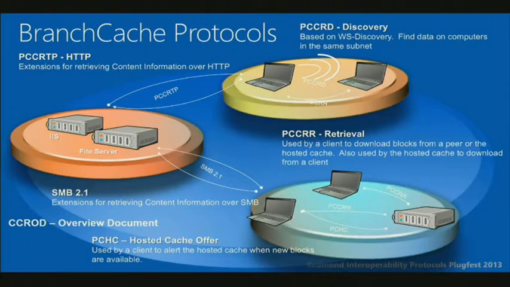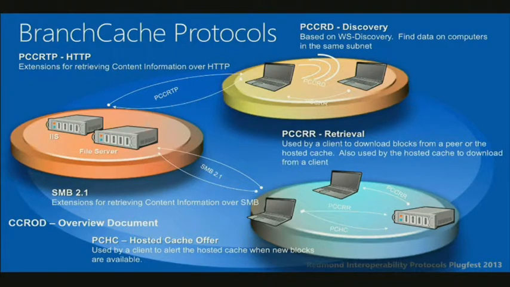This is Peer Content Caching, PCCRR, Peer Content Caching and Retrieval System. So you have PCCRD for discovery. That is the broadcast, does anyone have this data protocol. That tells you where you're going to get it if you're in distributed mode. If you're in hosted cache mode, you already know where you're going to ask if the content's available.